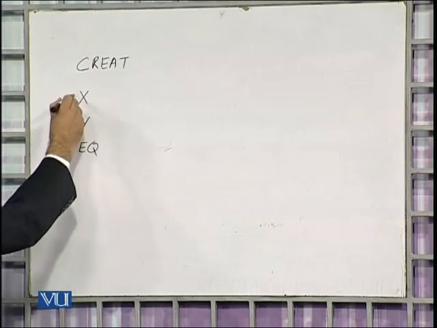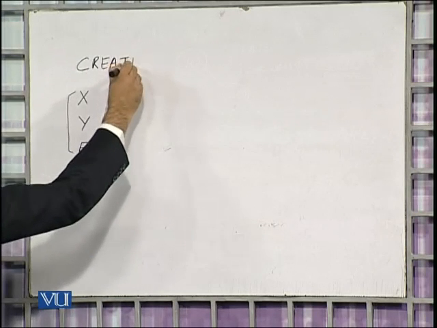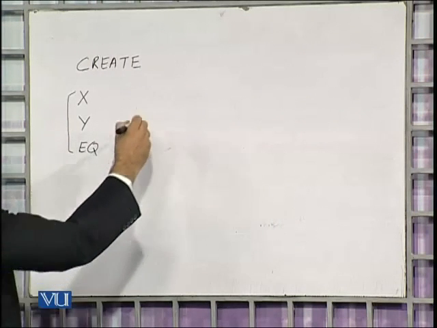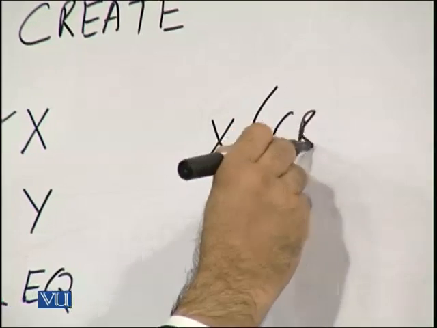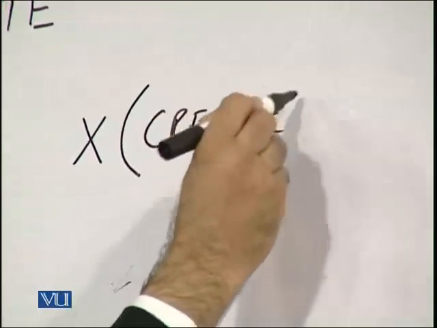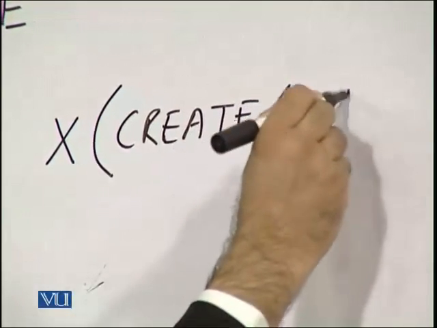So we will write axioms for these three inspectors in terms of this constructor create. So we have x of create, with two arguments. Let's call them a and b.